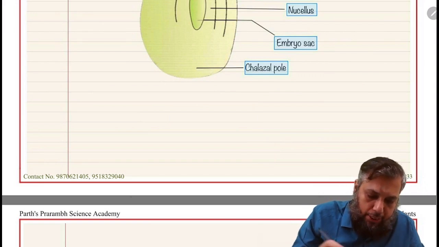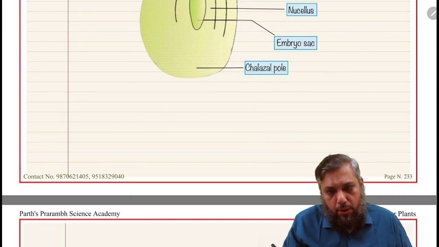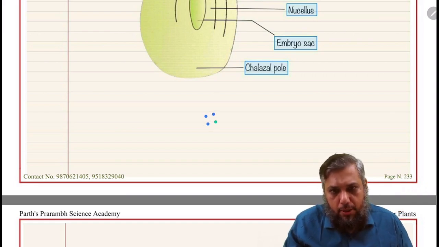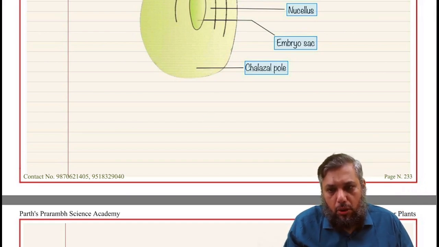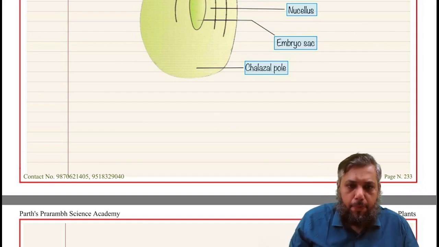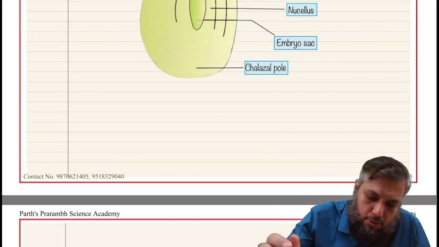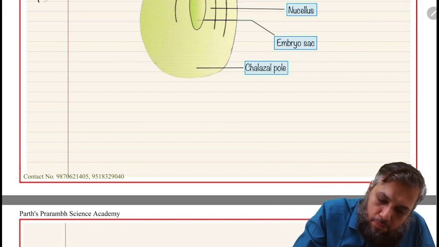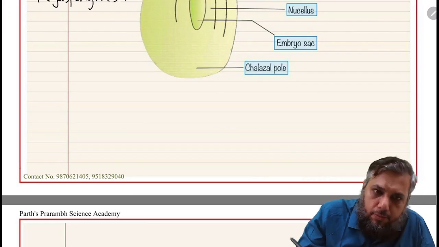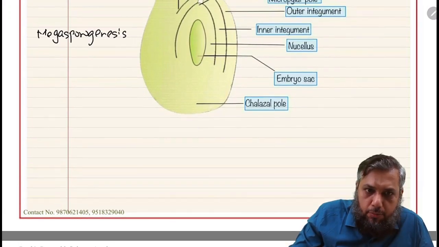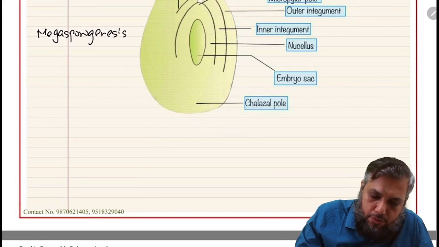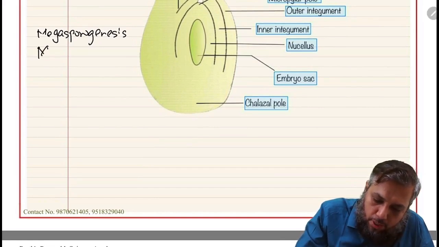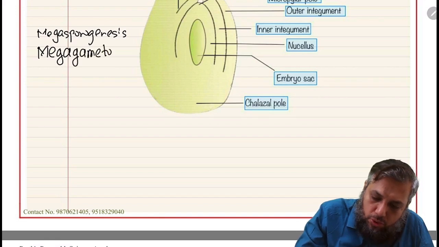So how does this embryo sac develop? The embryo sac develops by a process called megasporogenesis, followed by megagametogenesis.